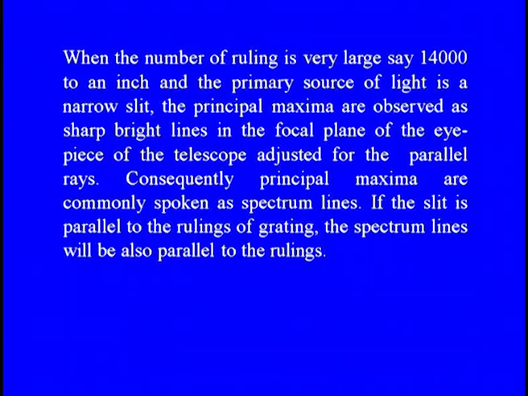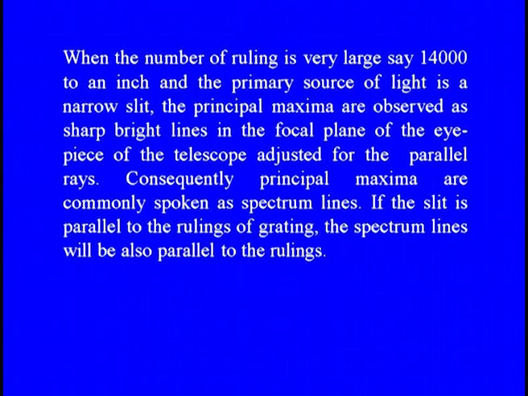When the number of rulings is very large, say 14,000 to an inch, and the primary source of light is a narrow slit, the principal maxima are observed as sharp bright lines in the focal plane of the eyepiece of the telescope adjusted for parallel rays.